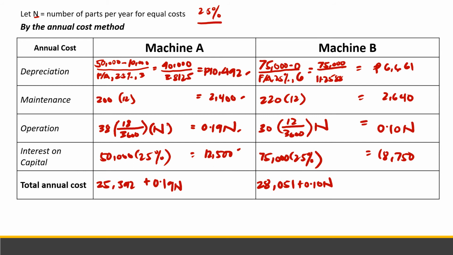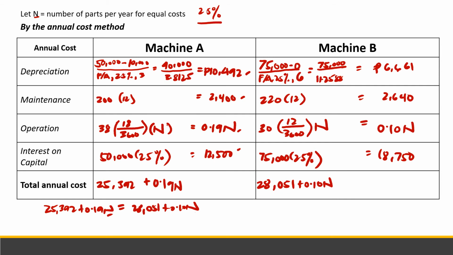So as what we have been discussing, to find the break-even, the variable na break-even yung two alternative is equate natin yung total cost nung dalawang alternative. So this will be 25,392 plus 0.19n is equals to 28,051 plus 0.10n.